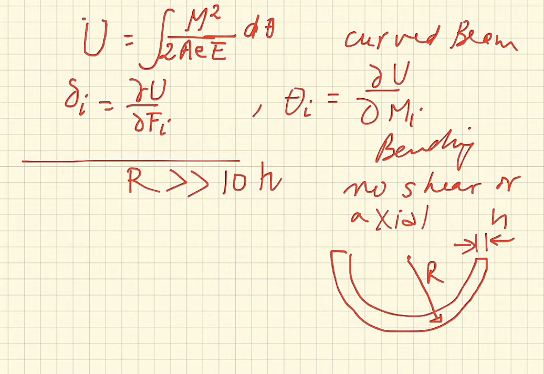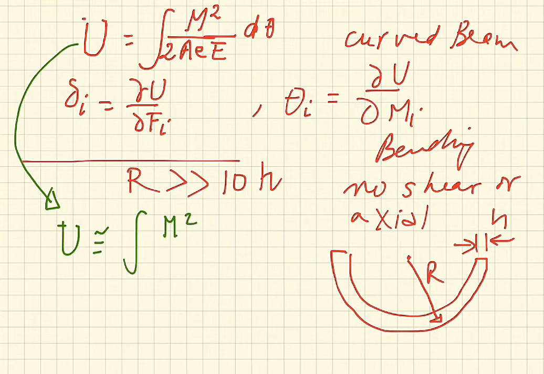So if R is greater than 10h, then this formula becomes the same as if we are doing it for a straight beam, and U would be approximately equal to M squared over 2EI, and instead of dx, we just have R d theta, because this is the element of length. It's like dx.